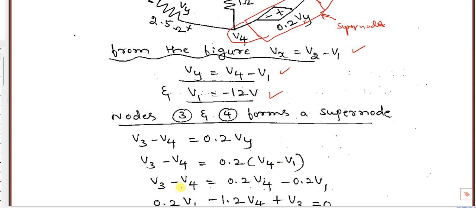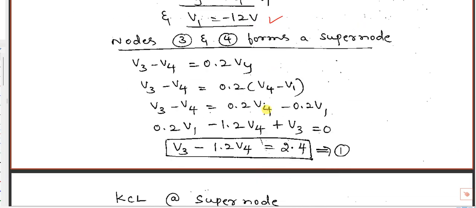So V3 minus V4 is equal to 0.2 into V4 minus 0.2 into V1. Finally, you get an expression in terms of nodal voltages only, with no Vx and Vy. We already know V1. The unknown variables are V2, V3, and V4.